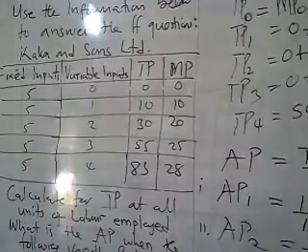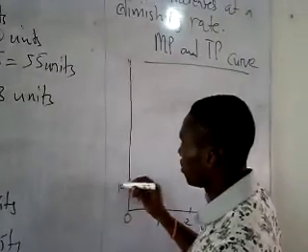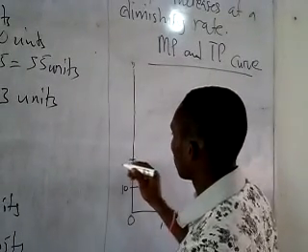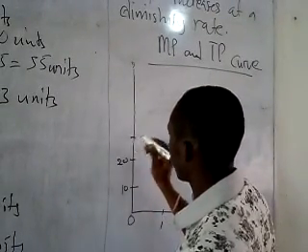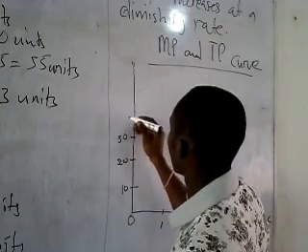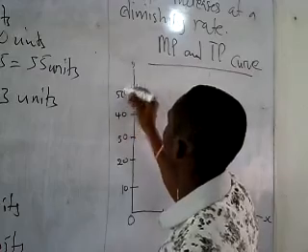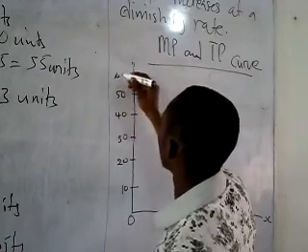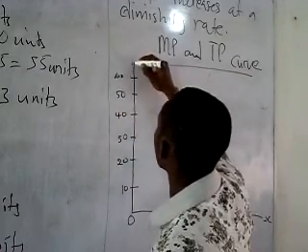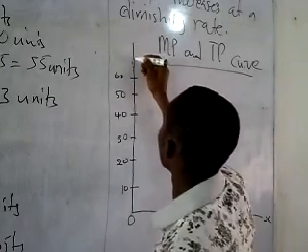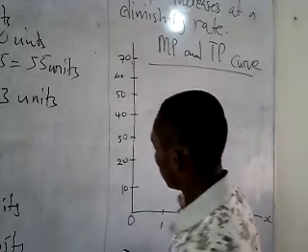So we can start from 10 units, 20, 30, 40, 50, 60, 70.